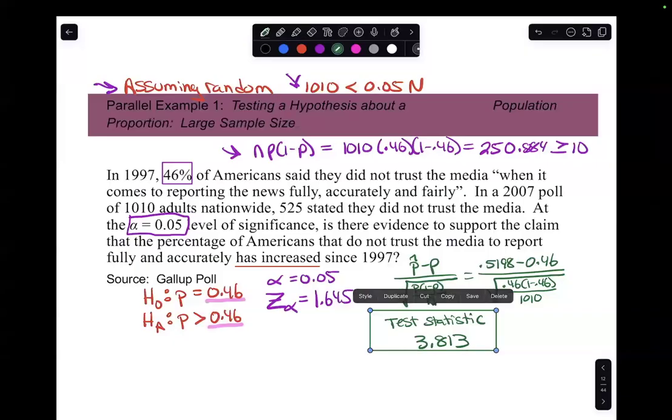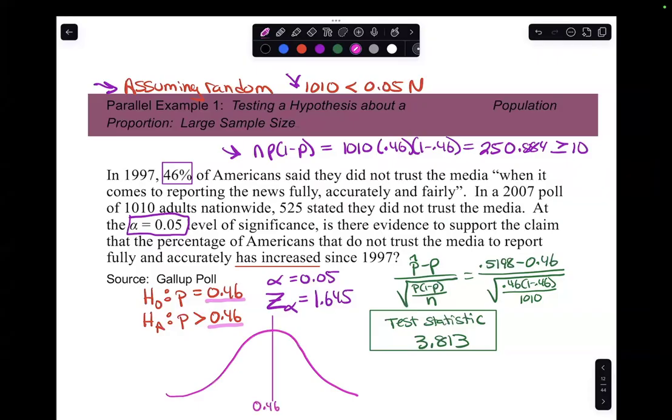If I was to draw this, which you don't have to do in your work, I want to give you an idea of what's going on. My mean is 0.46.